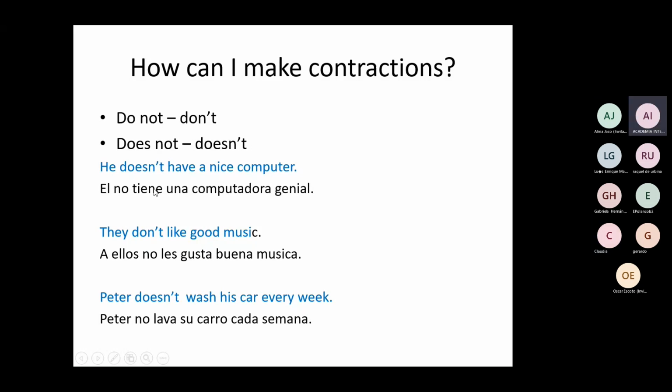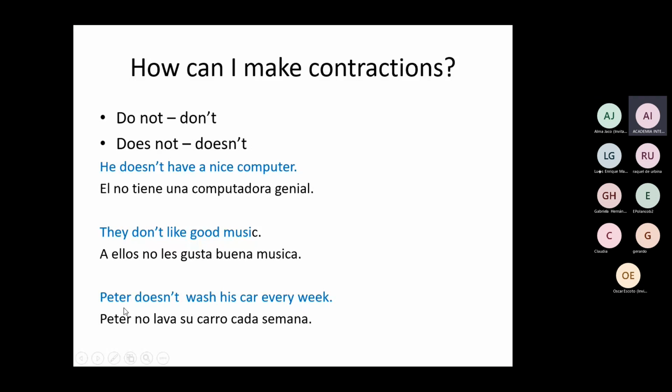Okay, thank you. Go ahead. He doesn't have a nice computer. Yeah, thank you. Well, they don't like good music. They don't, right? So we are not saying they do not. So we are saying they don't.